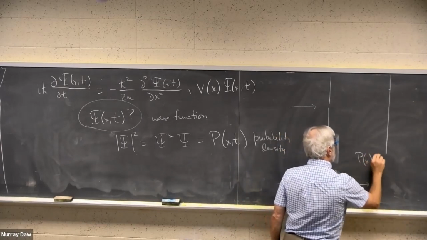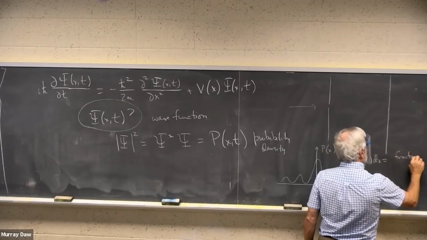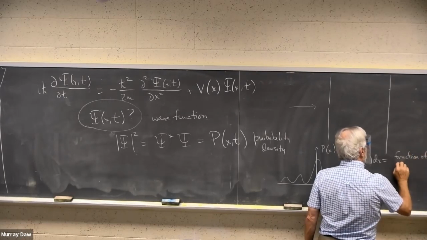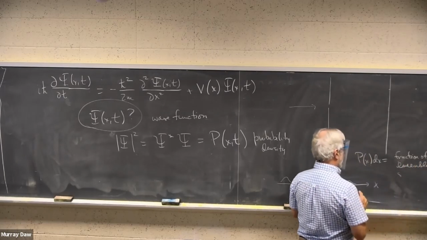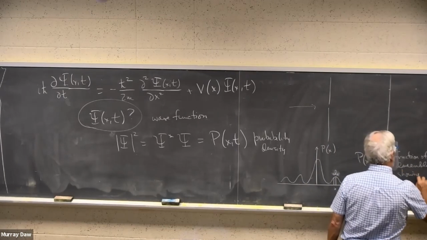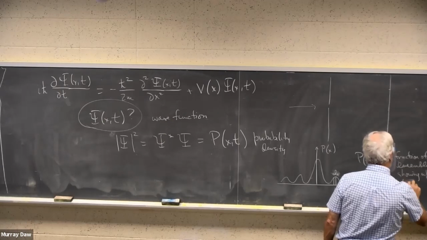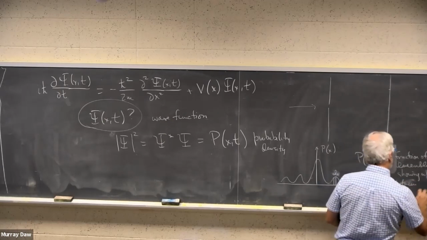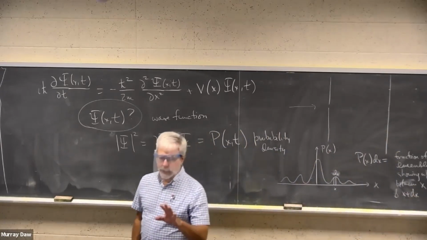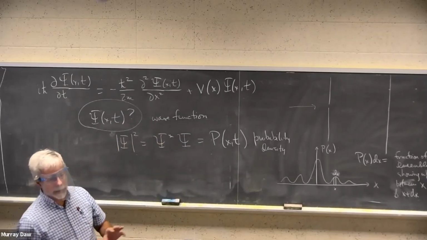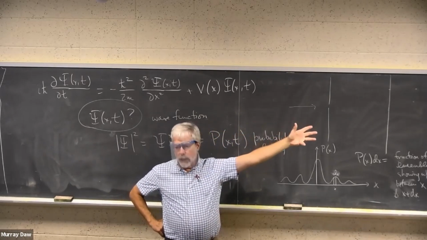P of X, dX is the fraction of the ensemble showing up at that value of X, in the interval between X and X plus dX. It's inherently a probability. The ensemble consists of one electron at a time, but we take 1 million copies.